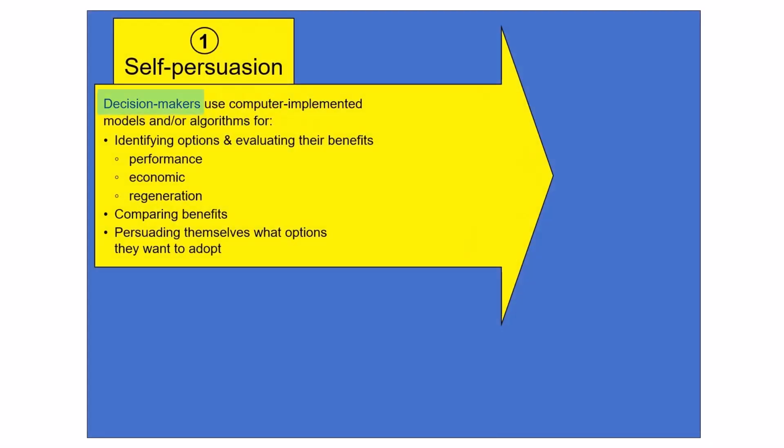First, decision makers identify their options for meeting human physical needs, evaluate the performance benefits, economic benefits, and regeneration benefits of their options, compare those benefits, and persuade themselves what options they want to adopt.